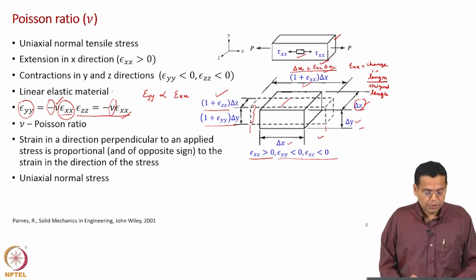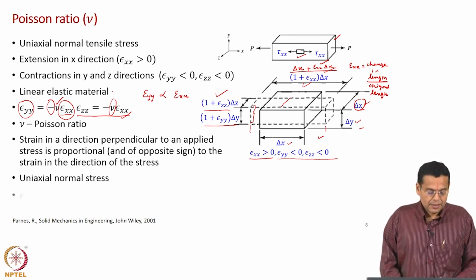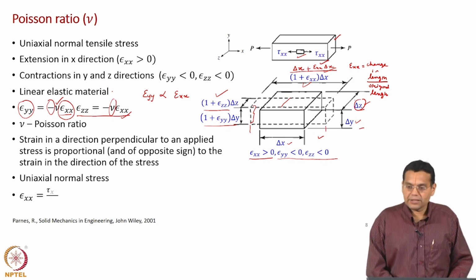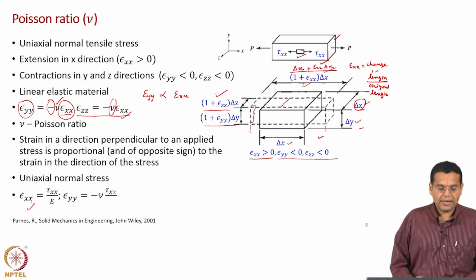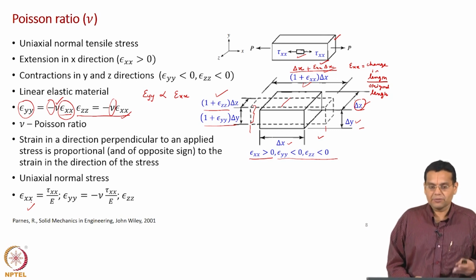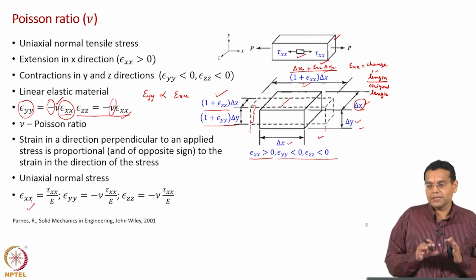Okay. Now, suppose we subject a body to a uniaxial normal stress, what are all the strains? Along the direction of stress, we can write epsilon xx is equal to tau xx by E, which is what we have seen in the previous slide. Okay. That is why I told you we will use both forms of the relationship.